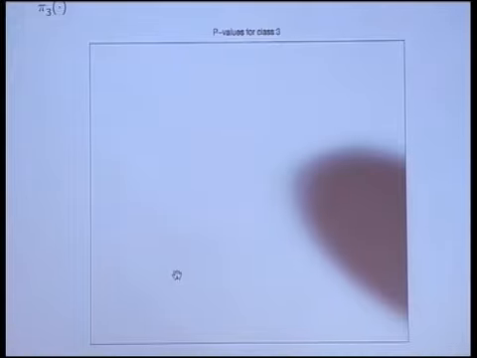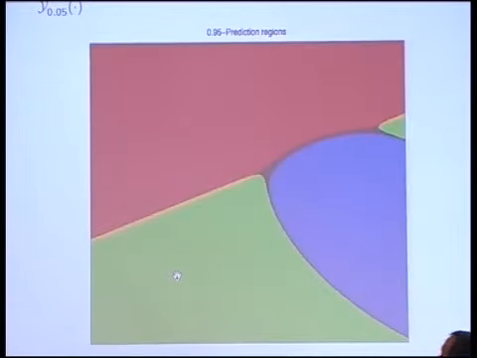And then if you think about these prediction regions, in this situation, if you take alpha equal to 5%, so you have 95% prediction regions, you have almost everywhere unique classification. So here red means these points are uniquely classified as 1. The green points are uniquely classified as class 2, and here uniquely as class 3. You have a certain strip here where points are not classified to any class.